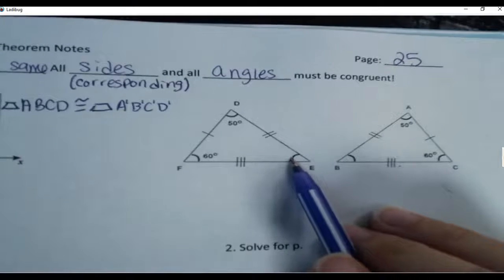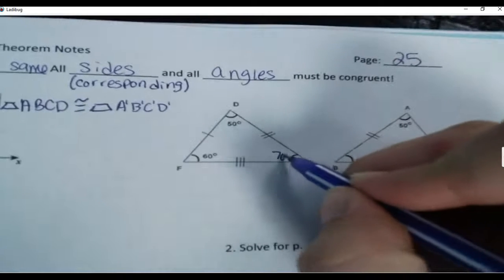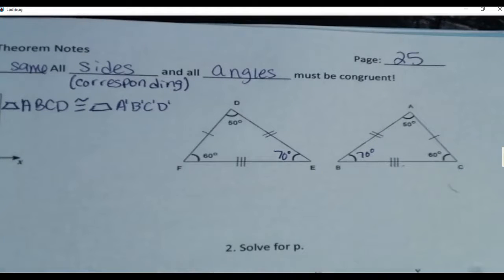What would be angles E and B? What would they equal? 70. Good. So then could I say that these triangles are congruent? Yeah.